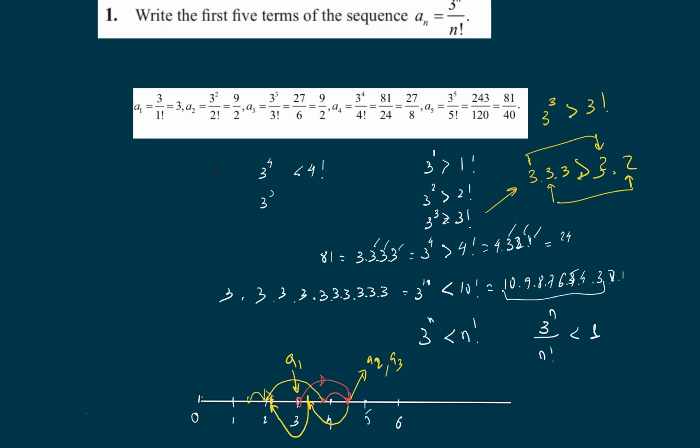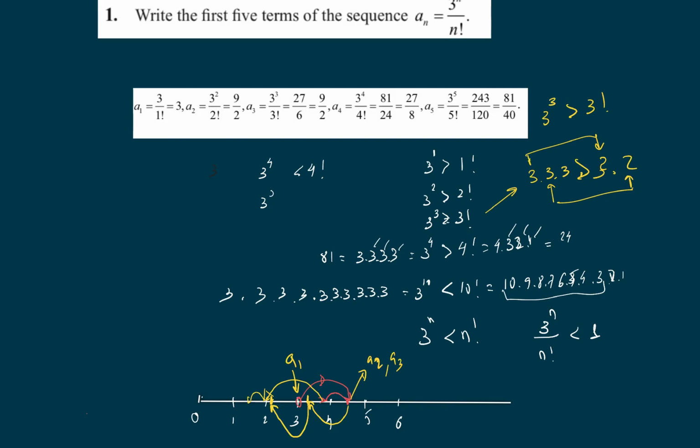So in general, for certain n, n factorial will be bigger than 3 raised to the n power. So 3 to the n divided by n factorial will be smaller than 1, approaching 0.